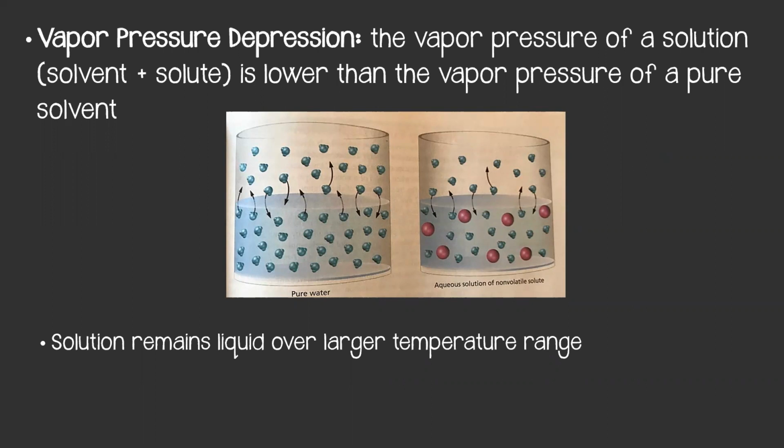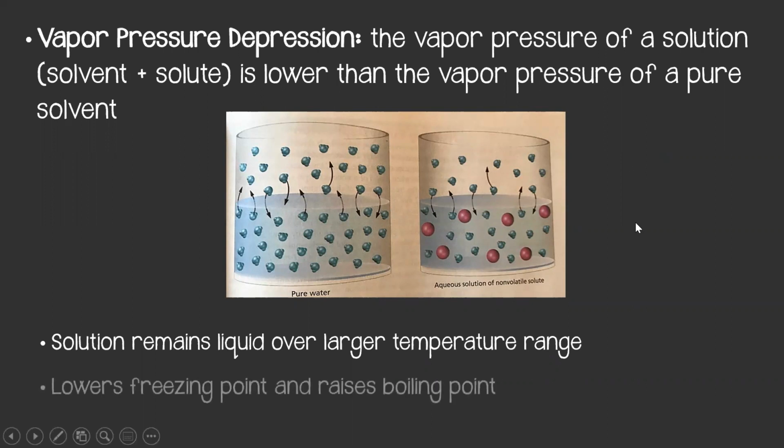We're saying that if you put salt in it, it will remain liquid for longer, and that's why it takes longer for it to boil. Oops, I just said the wrong thing. I'm so sorry. It's going to lower the freezing point, so it freezes at a lower temperature, and it raises the boiling point.